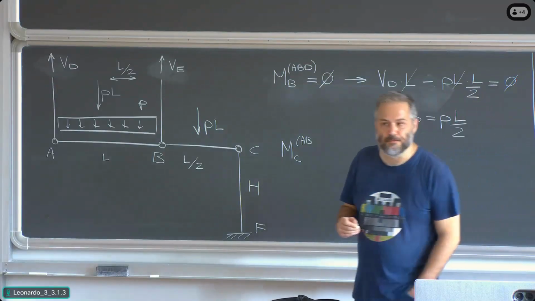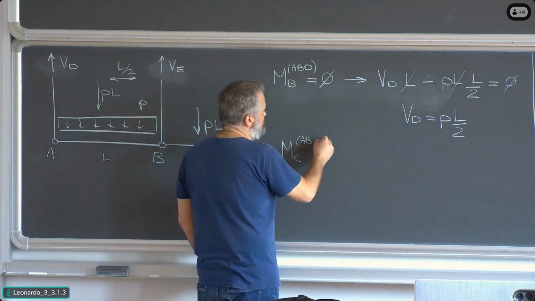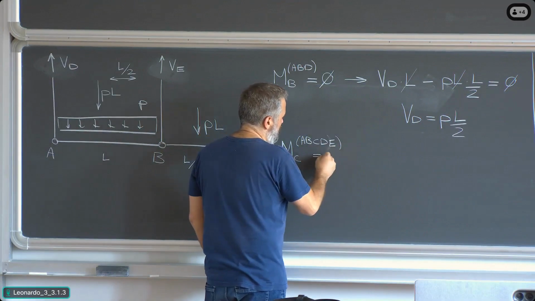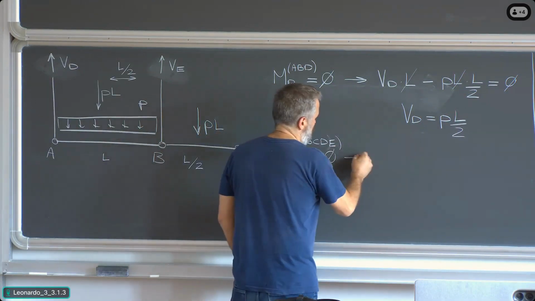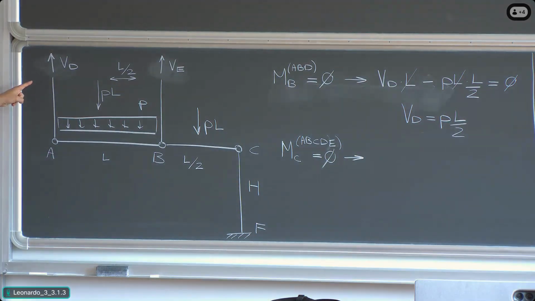Okay. Thank you. So, MC of A, B, C, D, E equal 0. What does this equation give us? First contribution is VD. We now know the value. What is the value of VD?